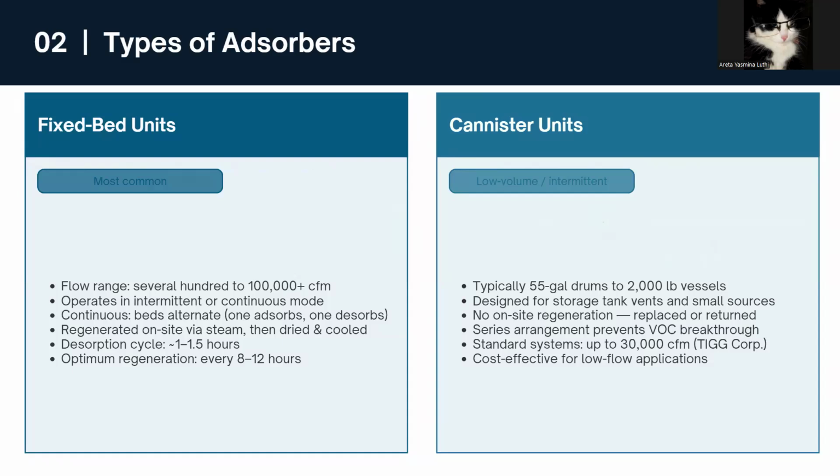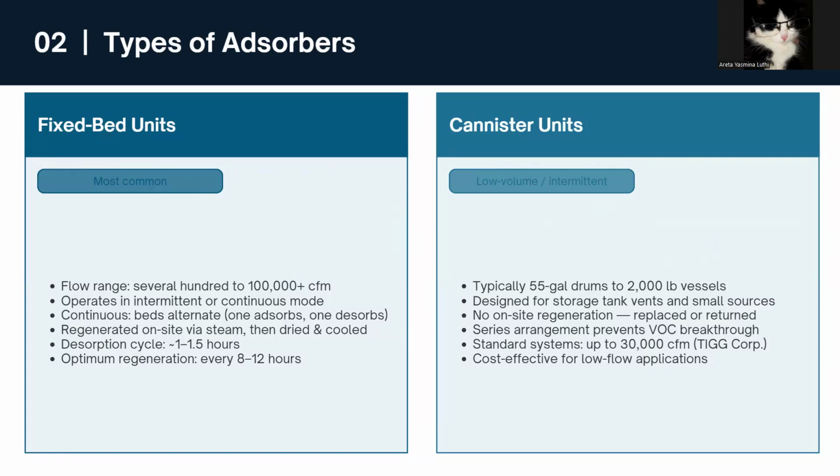There are 2 main categories of carbon adsorbers. The first one is the fixed bed unit. Fixed bed units are the most common configuration. They handle gas flows from several hundred to over 100,000 CFM.